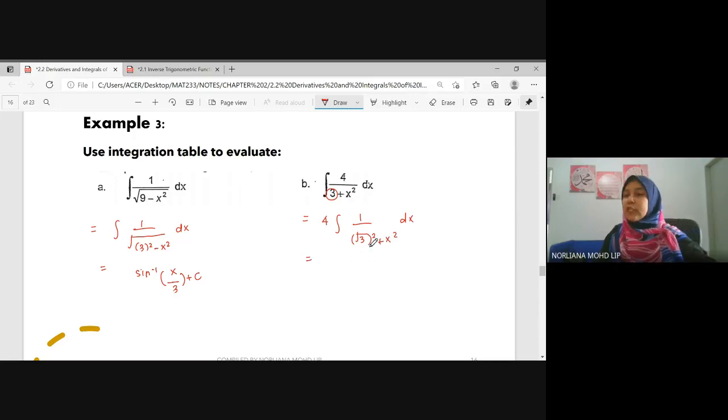Okay, yang ni kita follow number 2 kan, tangent. So akan dapat tangent is 1 over a tangent kan. 1 over a is square root 3 tangent inverse x over a square root 3 plus c.